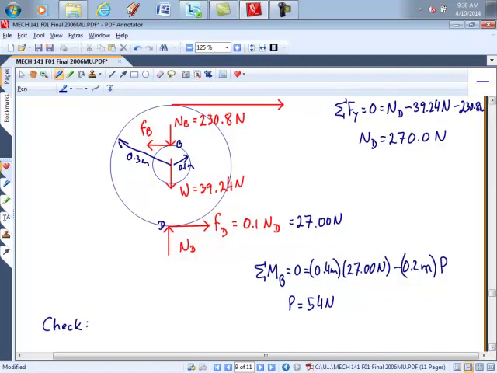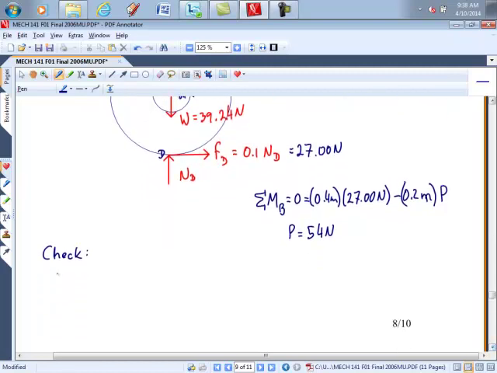So, find FB from equilibrium. Okay, so that would be sum of the forces in the x direction equals 0.